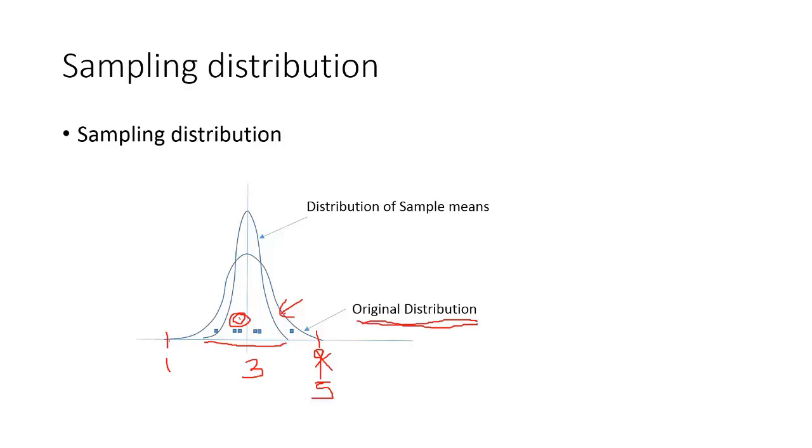This mean hasn't changed. Now you go take a sample of 6. You get another sample average, and this sample average again is going to belong to this distribution. Let's say this sample average was this value. So this is the new sample average.